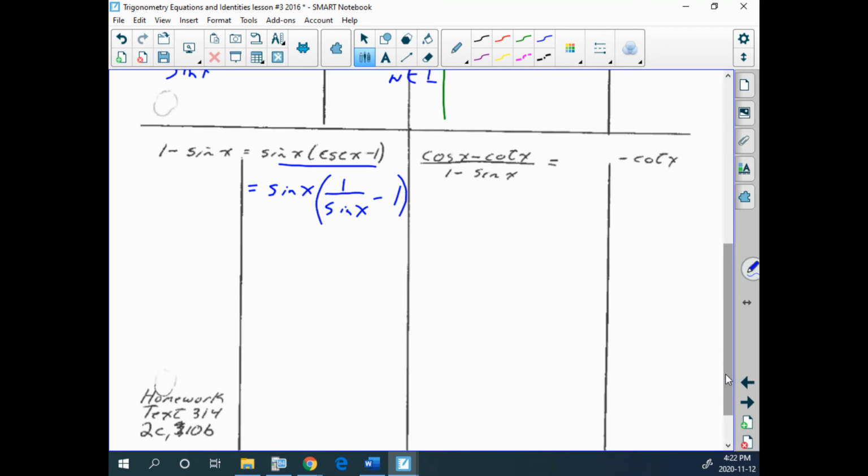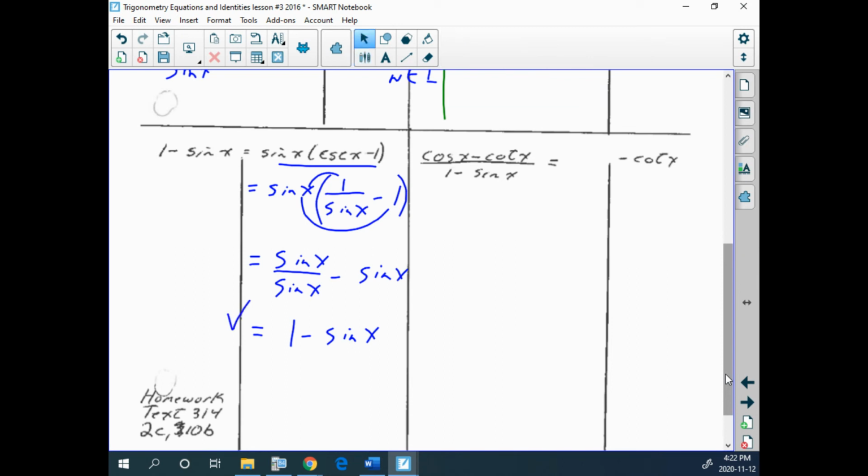One of the ways is to multiply this in. So using our distributive property, we end up with sine x over sine x minus sine x. Something divided by itself is 1. And therefore, now they're equal to each other.